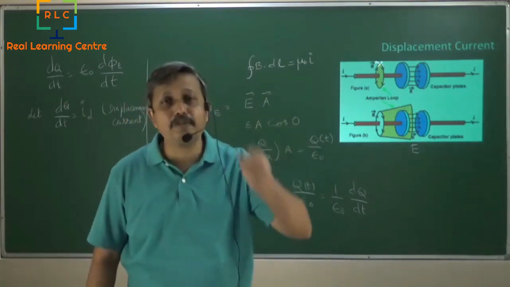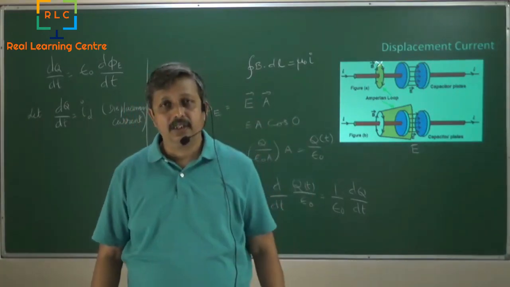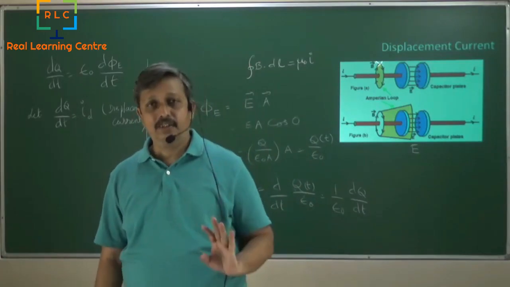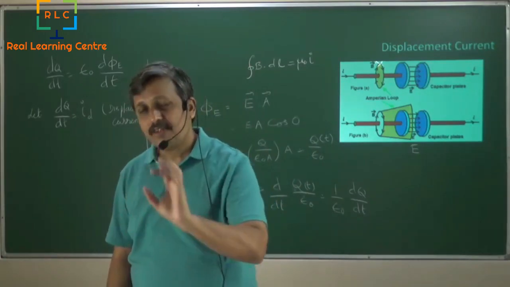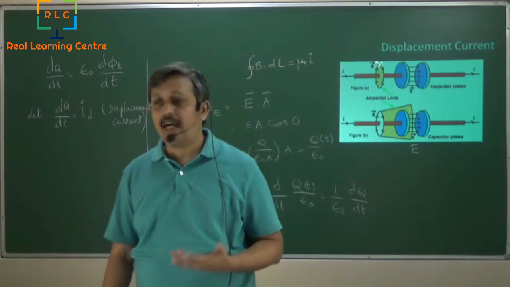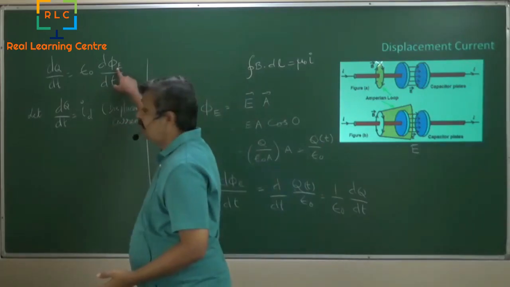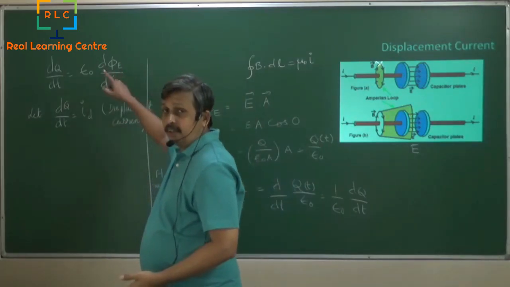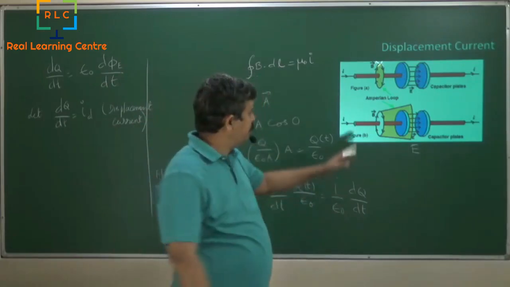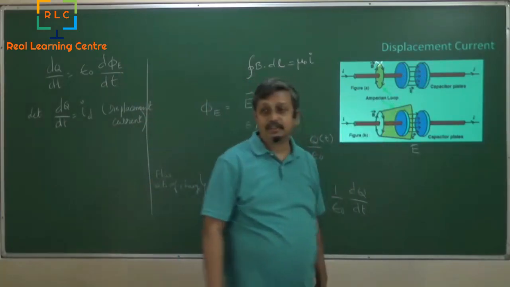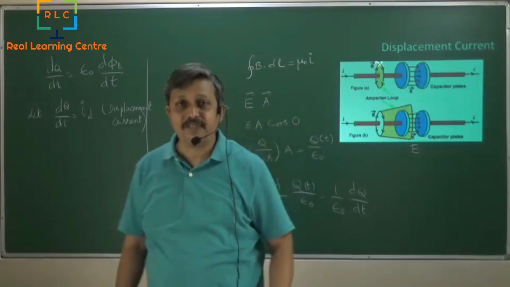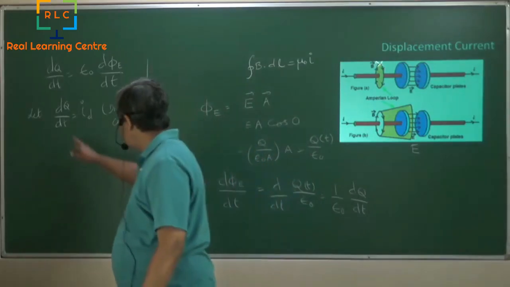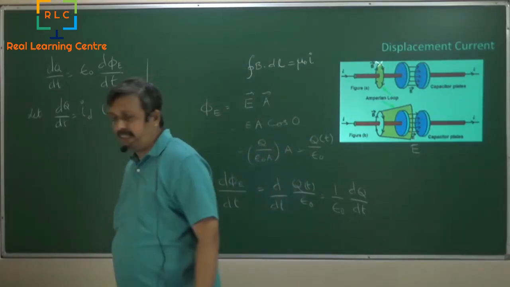We'll name it as displacement current. This is not really a current. There is nothing flowing, but it is called a displacement current. It is caused because of the charge varying at these two points. It is changing the electric field. So this is, we'll say, displacement current, and we call it I d.